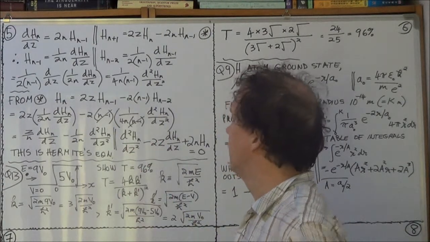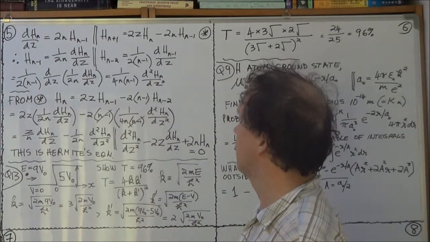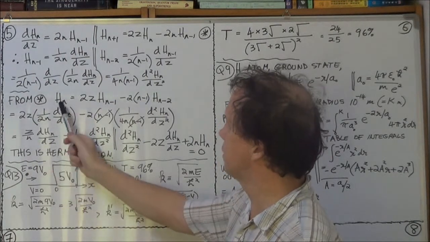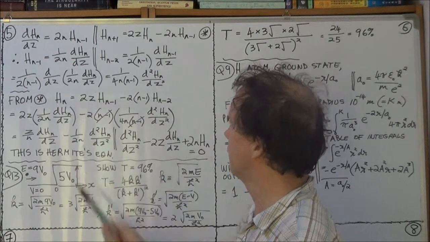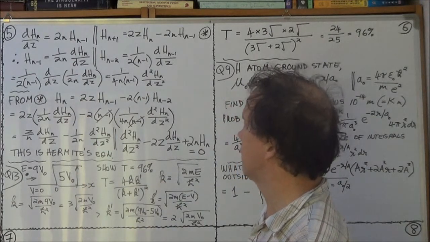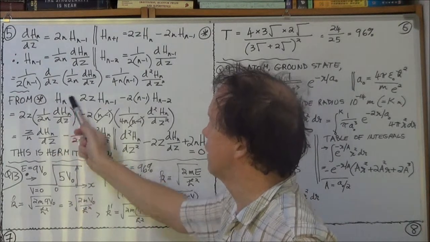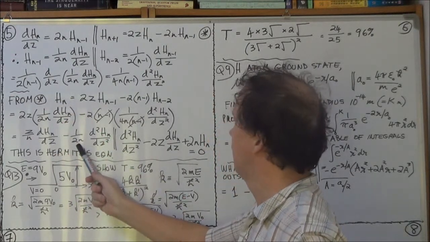Okay? And so all this then equals H_n. Right? So multiply both sides by 2n.